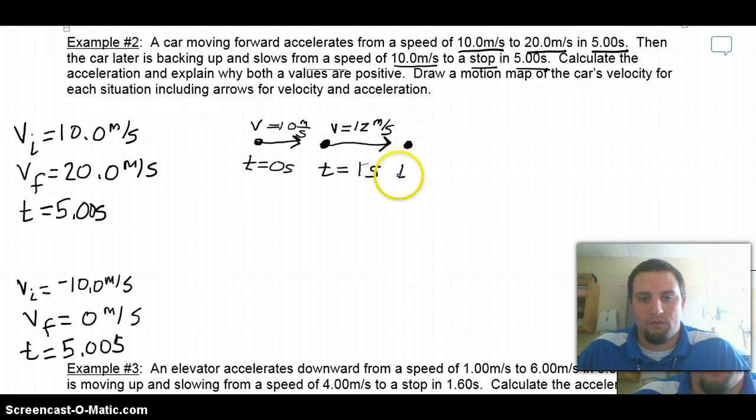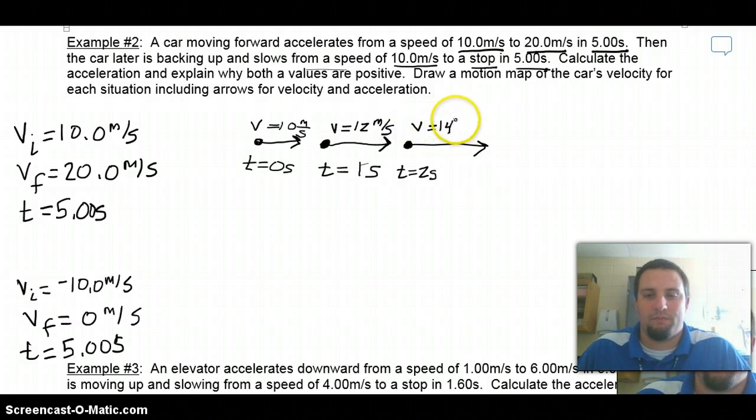At time equals 2, the vector is going to be longer yet. The velocity will be 14 meters per second because its speed is 2 meters per second faster than it was previously. The vectors might be a little bit too long here.